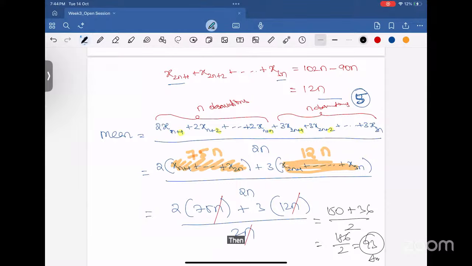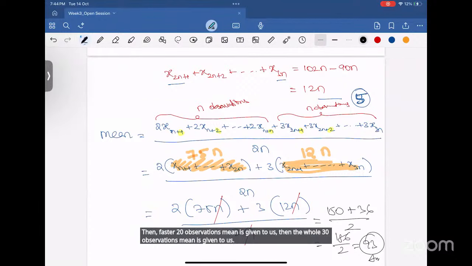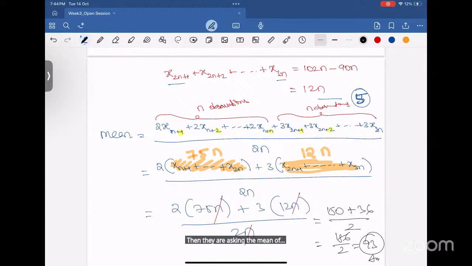Then the first 20 observations mean is given to us. Then the whole 30 observations mean is given to us. Then they are asking the mean of 2 times the 11th observation, 2 times the 12th observation, till 2 times the 20th observation, and 3 times the 21st observation, 3 times the 22nd observation, till 3 times the 30th observation.